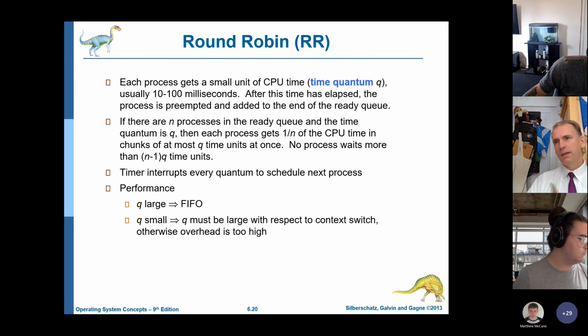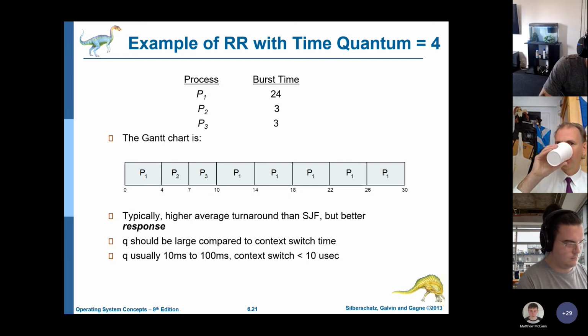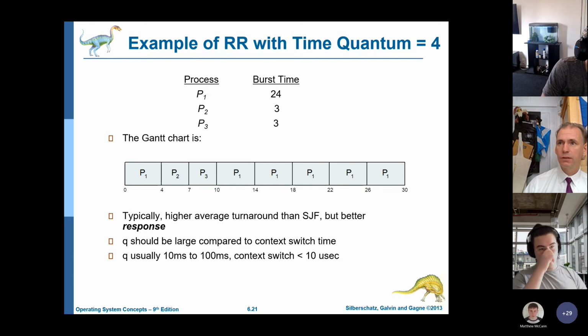So with those things in mind, we can start modeling it. So here's an example of round robin, but here we've had to specify what our Q value is, what our time quantum is. Those of you that have noticed will see that we're back to our very first set of processes, P1, 2, 3, with burst times of 24, 3 and 3.